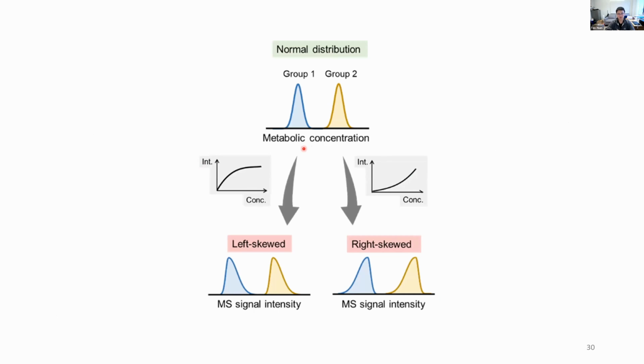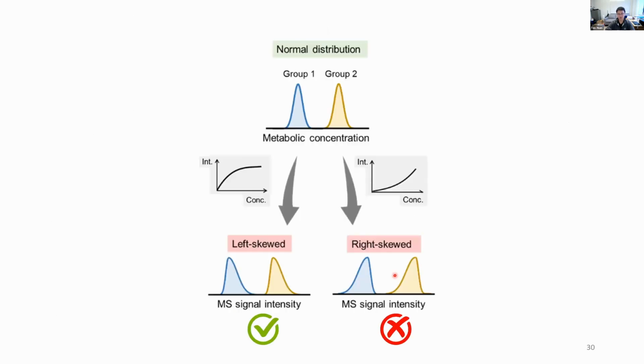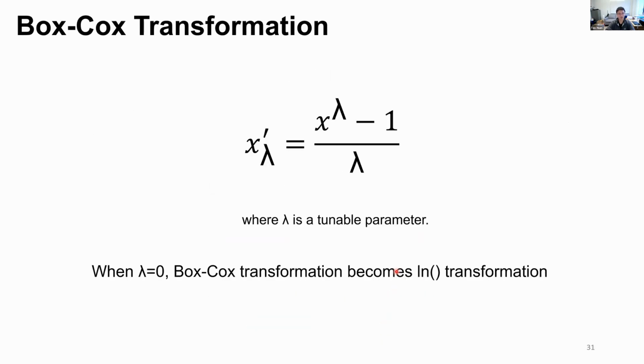So we can think about when you have left skewed data and you apply the log transformation, it can solve the problem. But if you have right skewed data, when you apply log transformation, it won't help. And how can we address the problem of those right skewed data? So here we borrowed the idea of the Box-Cox transformation, where lambda is the tunable value.